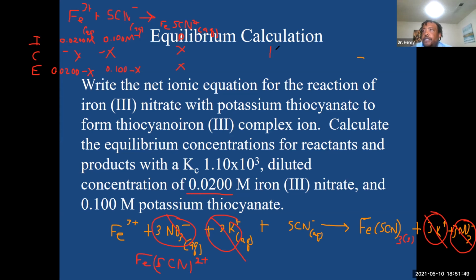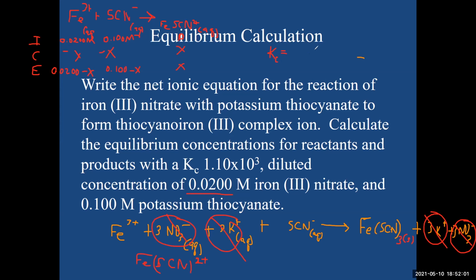So then our Kc is going to equal. So what is going to be our equilibrium expression? Let's do it generically first. Concentration of what over what? The products over the reactants. That's right.